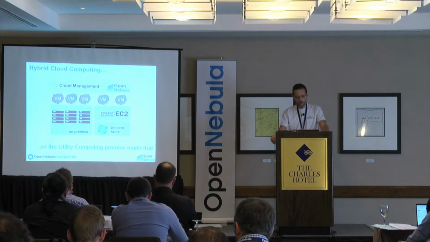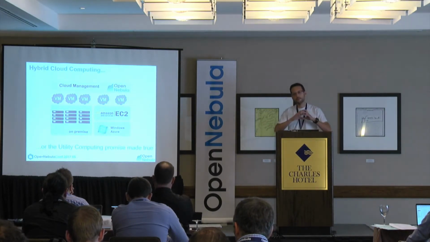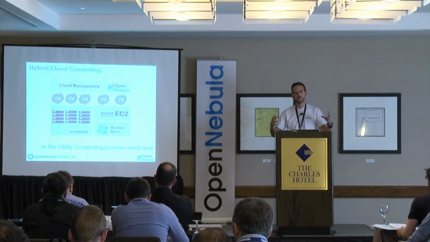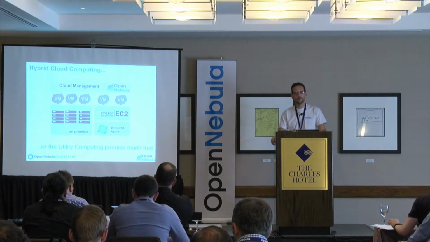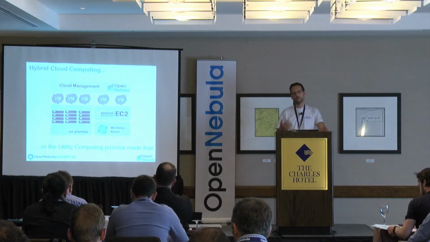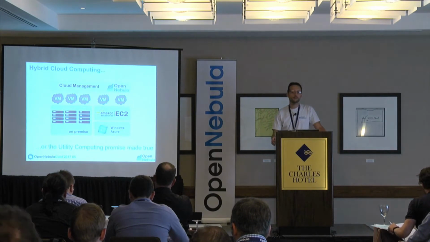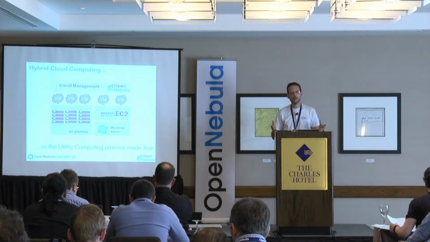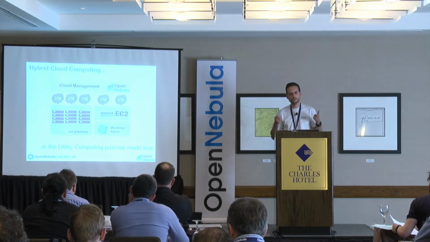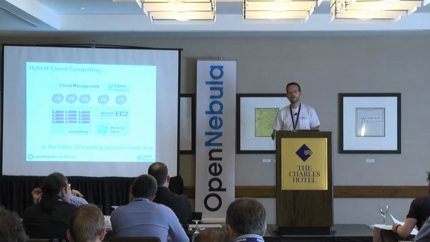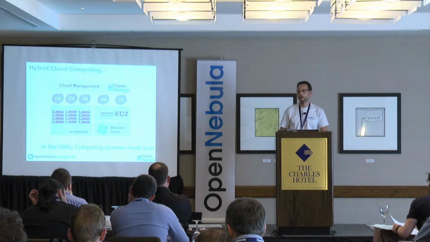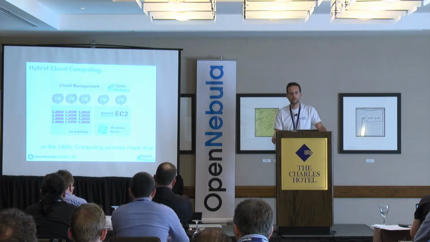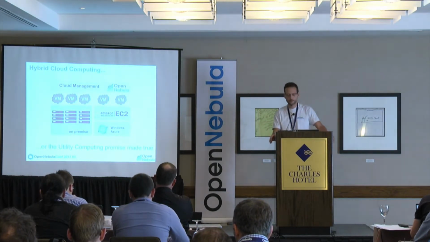So in OpenNebula, we just wanted to have a single management layer that unifies and abstracts all the resources you can access. This is kind of making the utility computing promise that we've been listening to from the beginning of IT a reality, because you just plug your system to the internet, and you can start getting compute power from any source, either in-house or going out to other external providers.